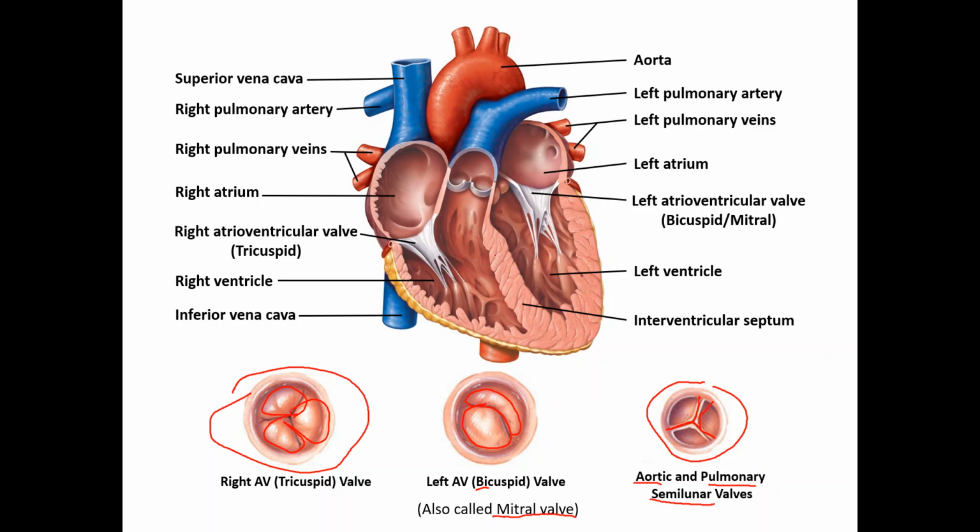Here's another beautiful representation of the heart. You may also notice how these valves that are present here, the atrioventricular valves, have this white material, which is really little tendons that anchor them to the walls of the heart, as you can see here.